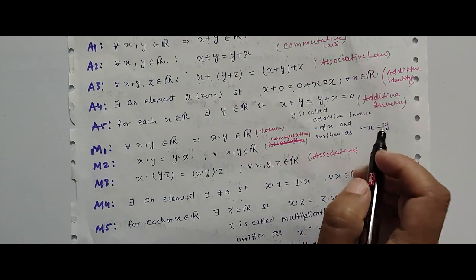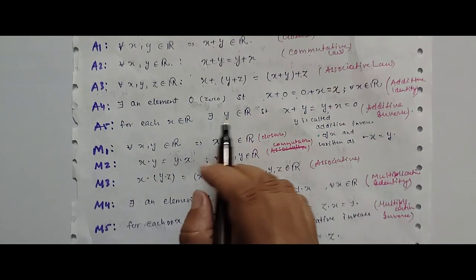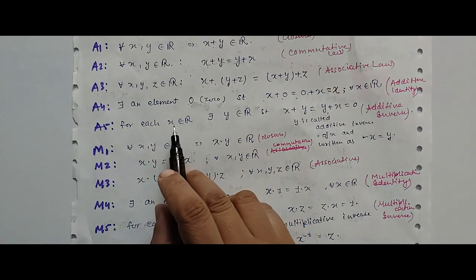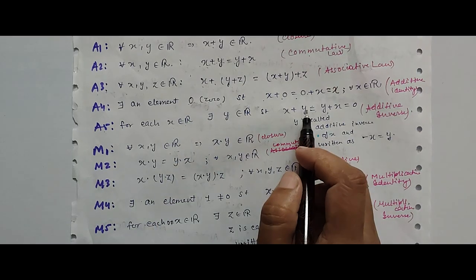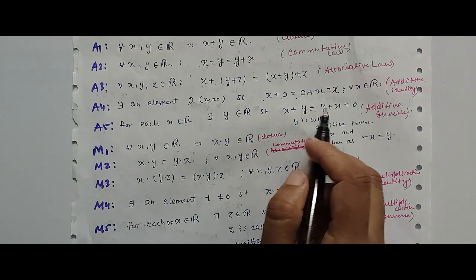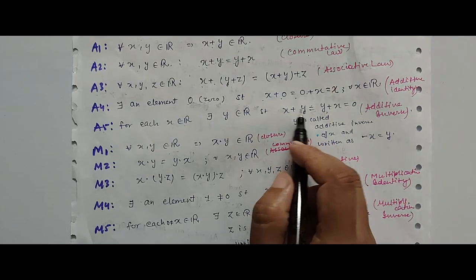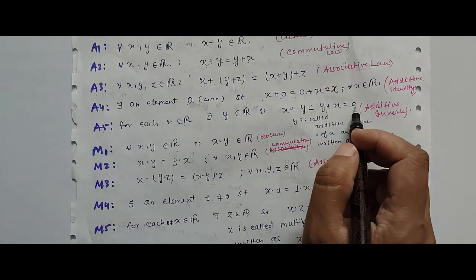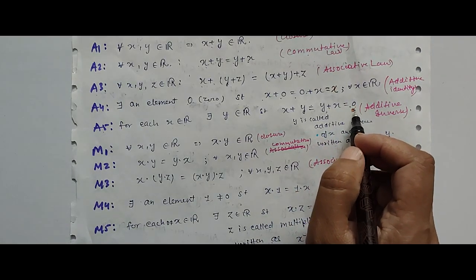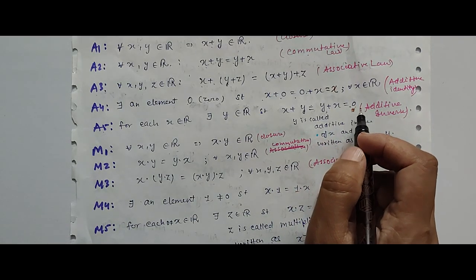And the next is the additive inverse. So what is the additive inverse? For each x in R, there exists an element y such that if you add this element y either from the right or from the left, we get 0, which here means the additive identity.